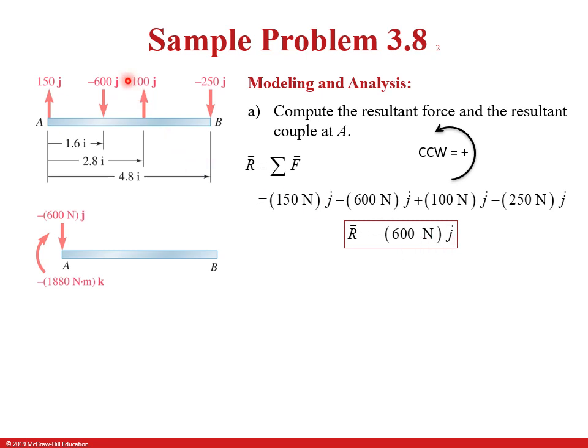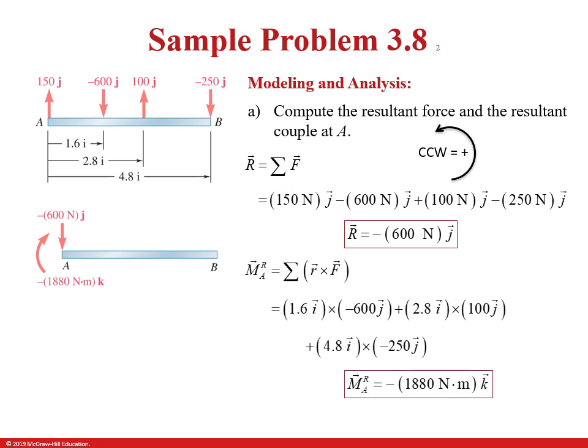So this means the resultant force is negative 600 newtons somewhere along this line. But we want to transfer it over to A. So we're going to put the minus 600 newtons here. And they've already given you the moment, but you can see that the moment at A of the resultant force vector is just the sum of each individual position vector crossed with its own force vector.